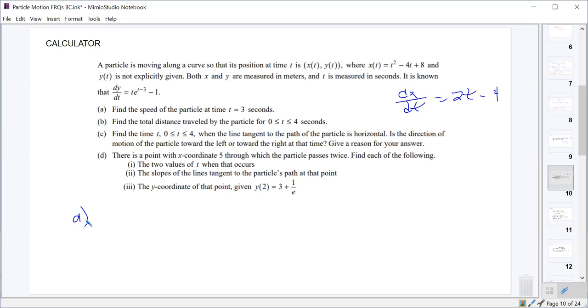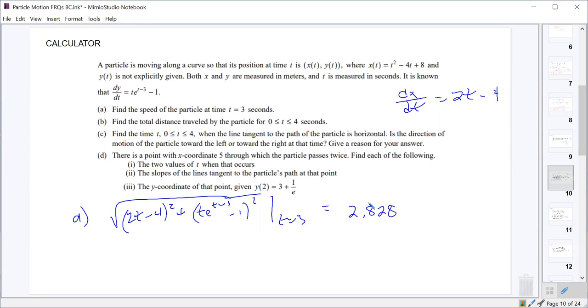So for part A, we're looking at a speed, which is the square root of 2t minus 4 squared plus t e to the t minus 3 minus 1 squared, all evaluated at t equals 3. And you should have got 2.828 for that.